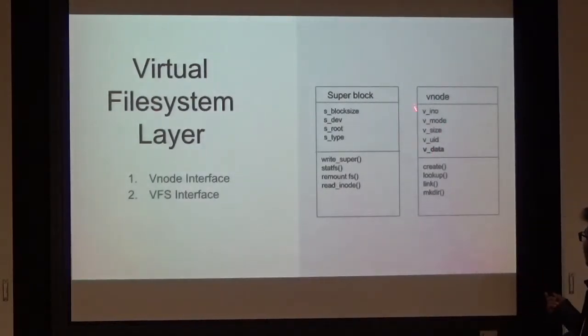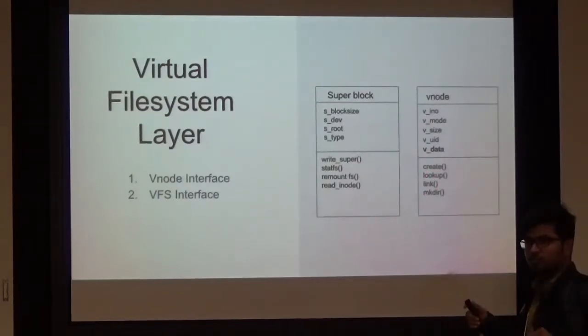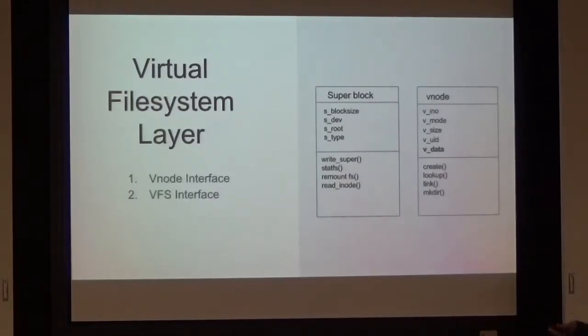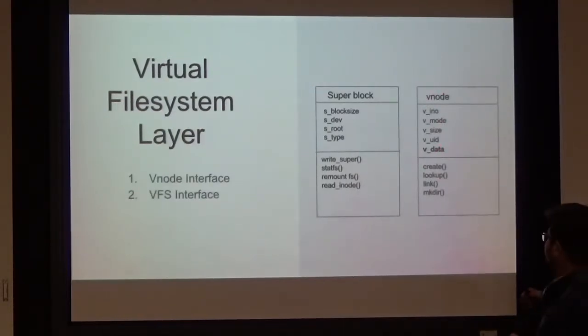This metadata is independent of the underlying file, along with some abstract methods which are to be implemented by the concrete file system underneath. So a vnode is an abstraction of every file for the rest of the kernel.